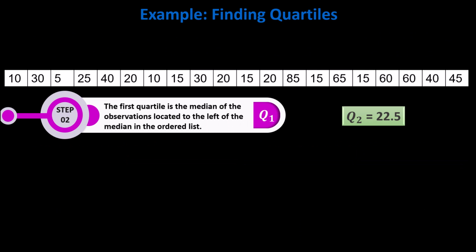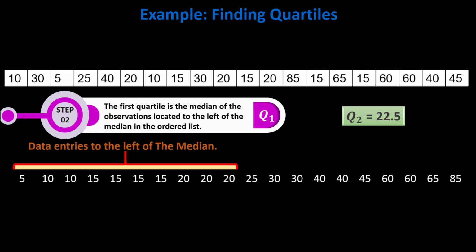Again, as I mentioned before, we need to consider the data left to the median, because median is 22.5. 22.5 must be in between 20 and 25. So 22.5 is not in the data set. Therefore, we have to consider each observation left to the 22.5.